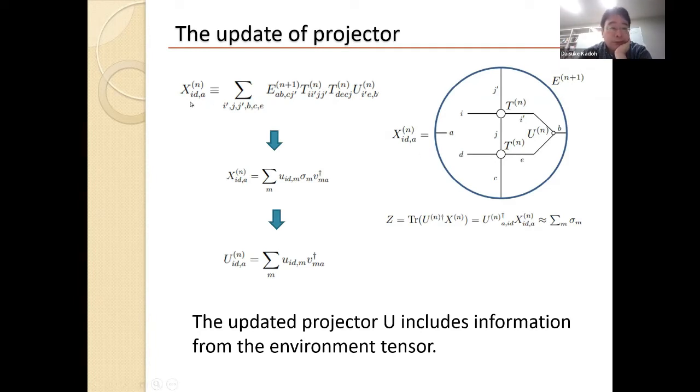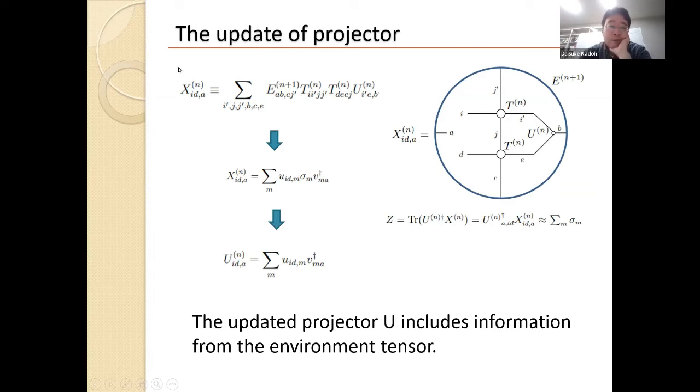So firstly, we define this Xn, and diagrammatically Xn is expressed like this. Xn is made of the environmental tensor, two Tn's and Un. So one Un is removed from the whole tensor network, and the partition function itself is given by Un and Xn.